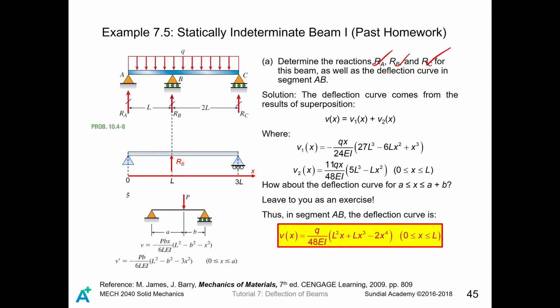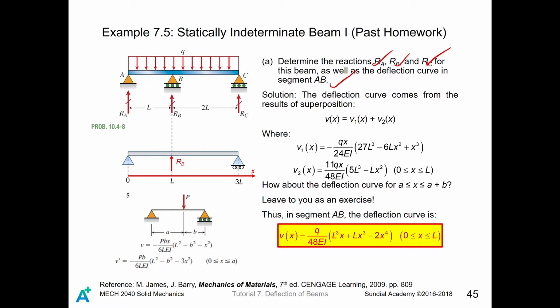In the previous slides, we already got V1 and V2, so I've already copied those results over there. Next, we are going to add them up so that we can get the overall deflection curve of this beam, which is something like this. You can check it yourself. So this is the deflection curve for segment AB.